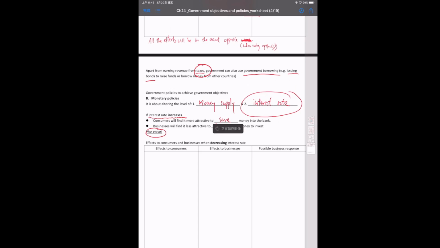Once again, in monetary policies, there are also two options. Yeah, Jesse, they are probably in recession or in slump, somewhere even worse. So once again, in monetary policies, you also have two options. The first option, once again, you're trying to boost the economy, right?